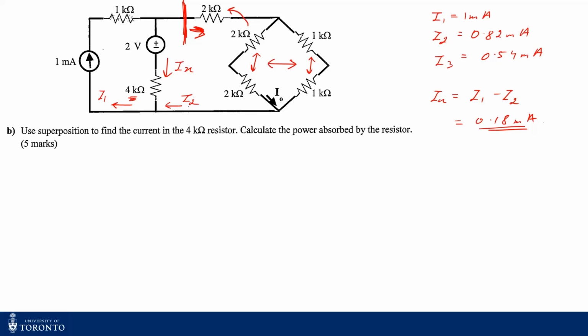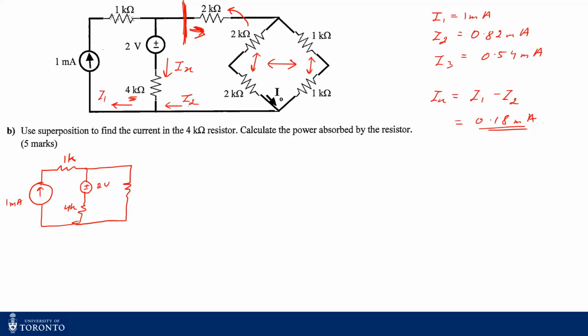So I can draw an equivalent circuit like this, so that I reduce the number of nodes and loops. If I apply mesh or nodal, I have to solve fewer equations, right?